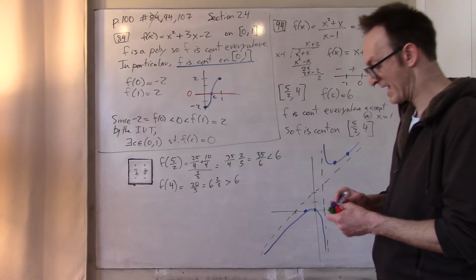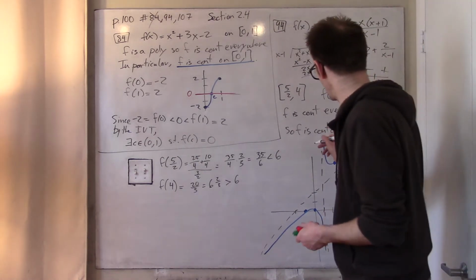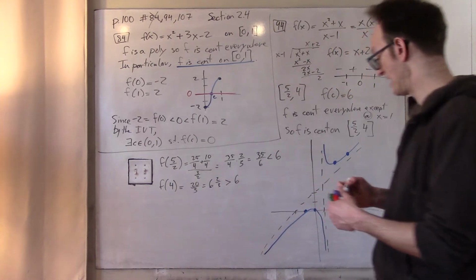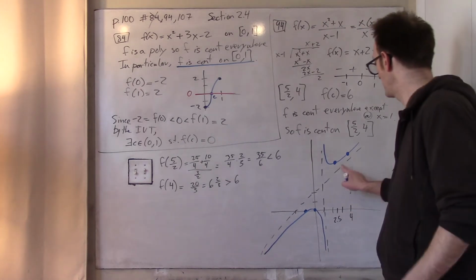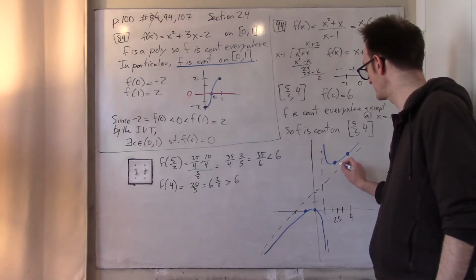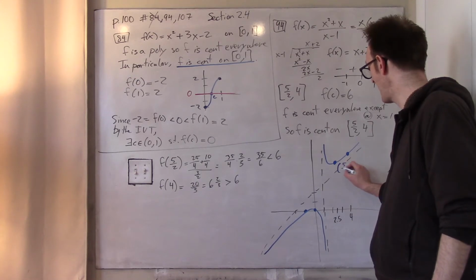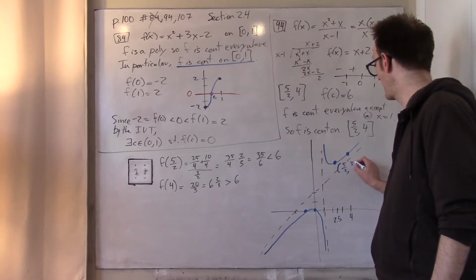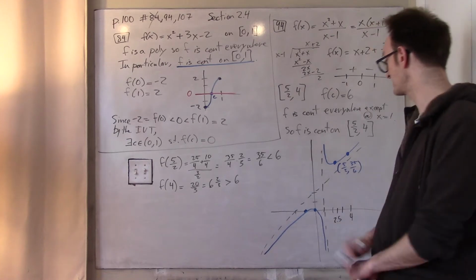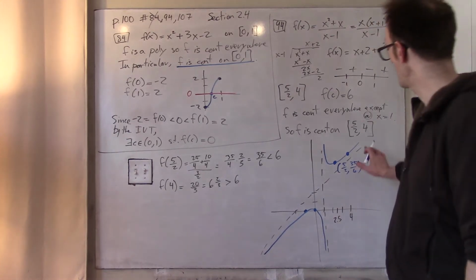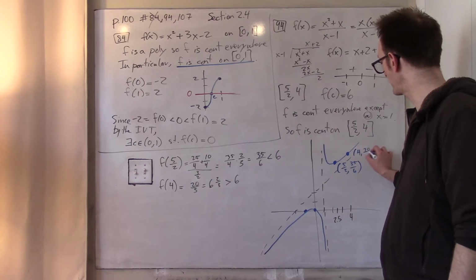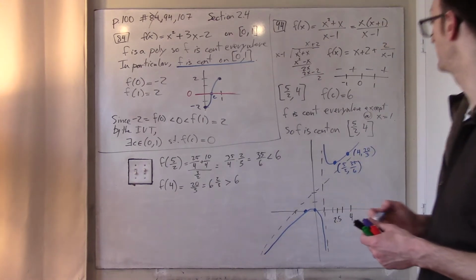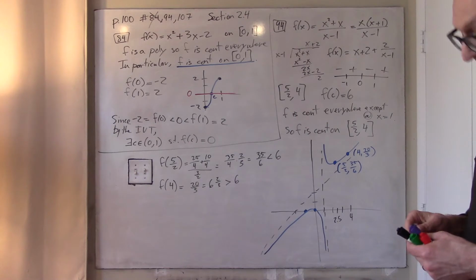And what are those y values? Well, I computed it already, right? At 2.5 this point here is 5 halves, comma, 35 sixths, so a little bit less than 6. But this other point here is 4, comma, 20 thirds, which is a little bit more than 6.